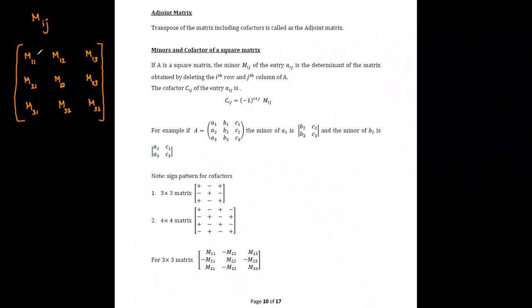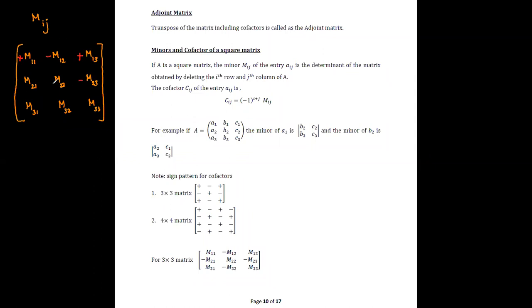Now what we have to do is combine these minors with the sign pattern. Therefore, if I write down the sign pattern in the appropriate places here, this sign should be plus, then this value should be multiplied with minus, this should be multiplied with plus.